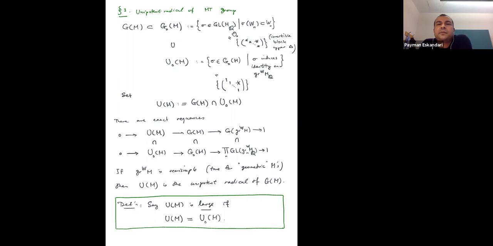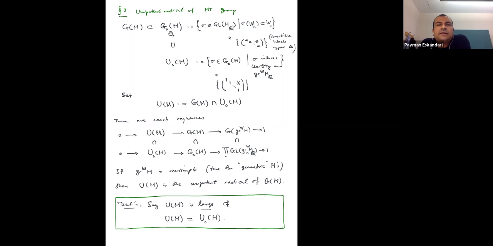This is the parabolic subgroup of GL associated to the weight filtration. I'm going to denote that by G naught of M. If you take a basis compatible with the weight filtration, then this is the space of invertible block upper triangular matrices that look like that.